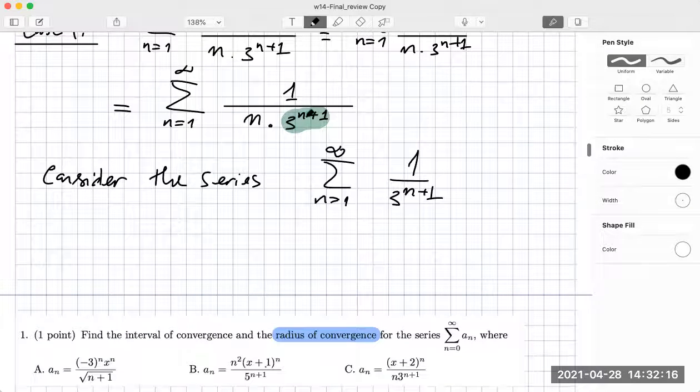Then we compare this series and the new series right here.